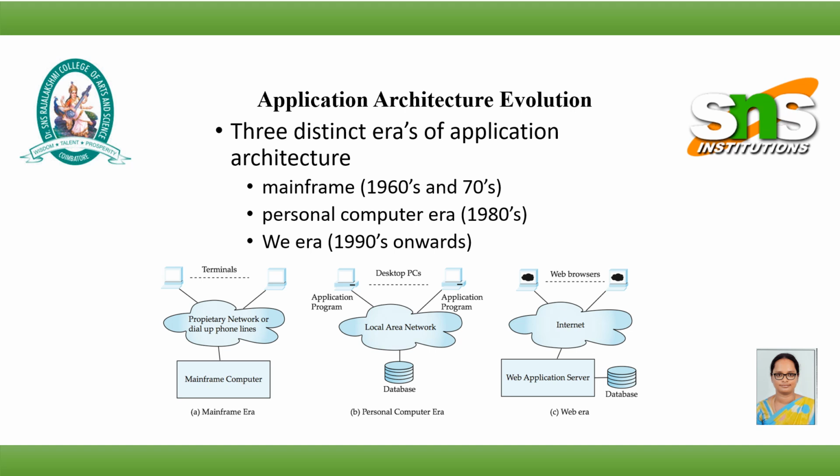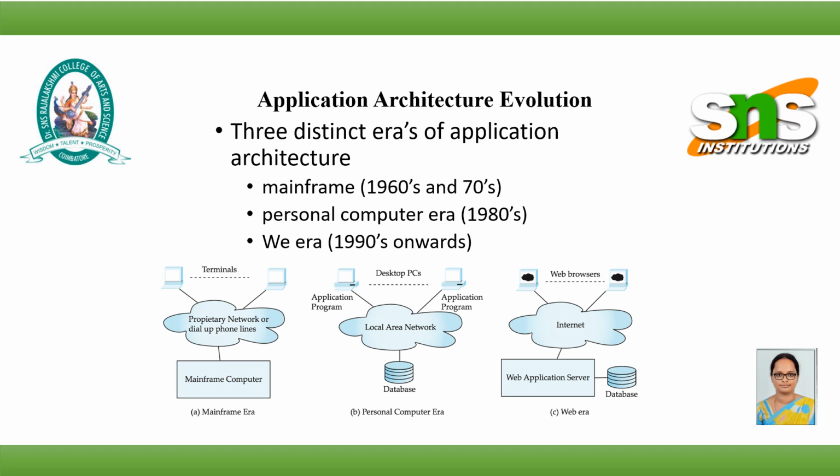Next, the personal computer era. We have different applications like desktop applications, and we connect our system with a local area network, so that it is connected with the database. Next, the web era.